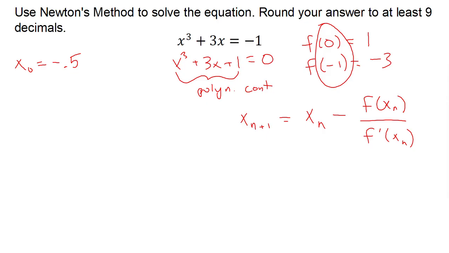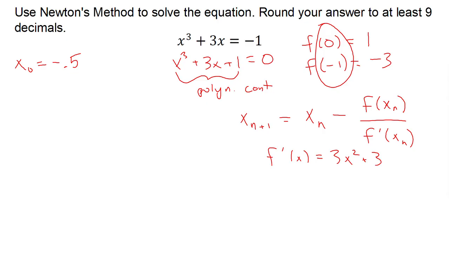And remember, we found that by just taking a guess at the x-intercept and then finding the tangent line of our function at that x value, finding its x-intercept, and just repeating that process over and over again. So for our function, since f of x is x cubed plus 3x plus 1, f prime of x is going to be 3x squared plus 3.